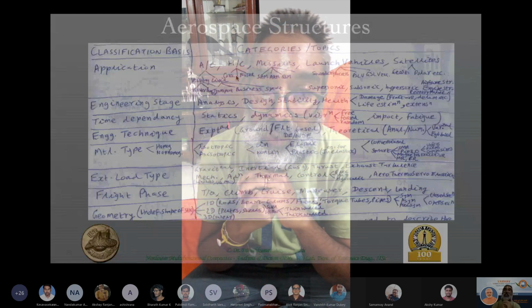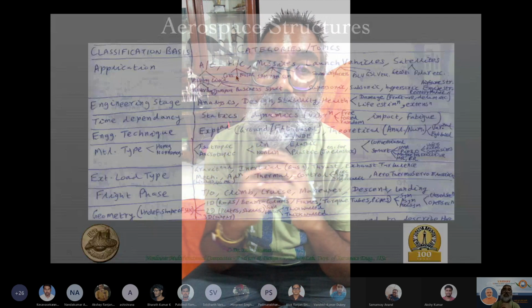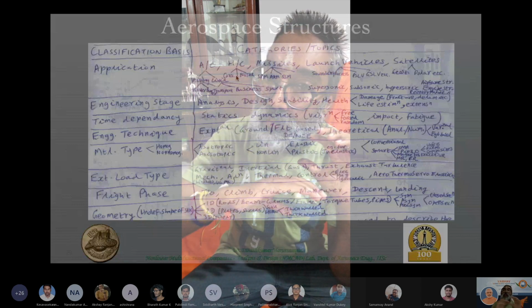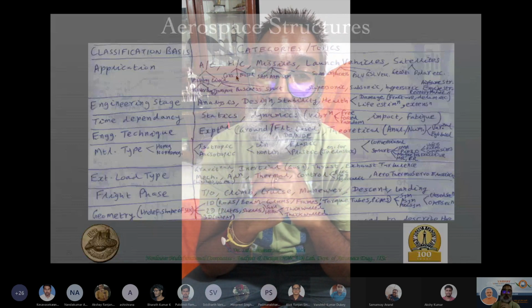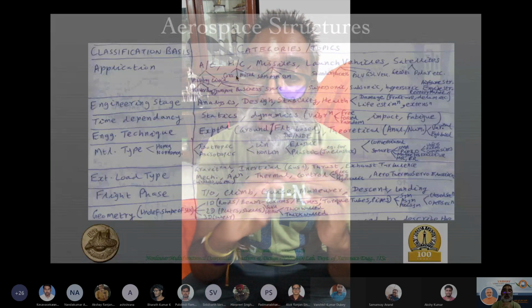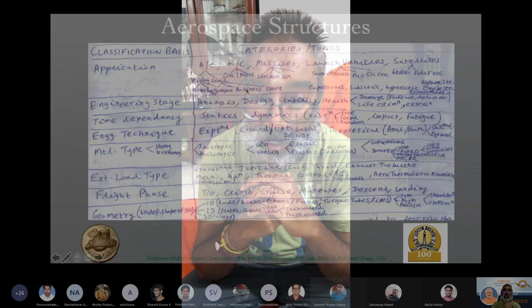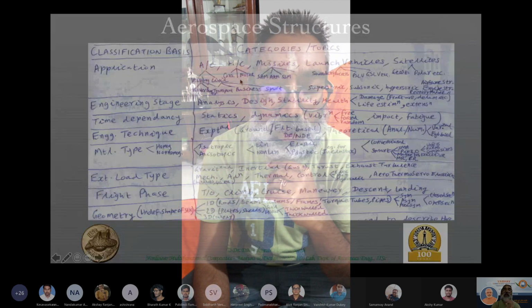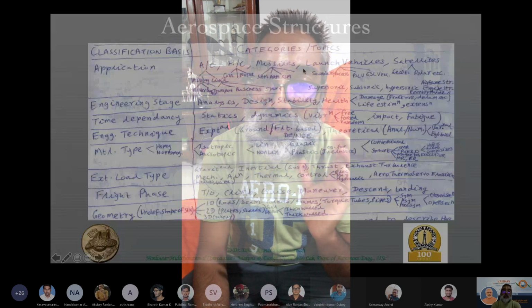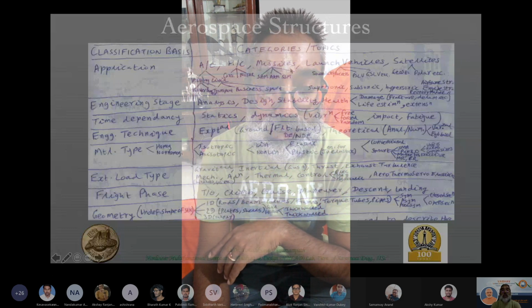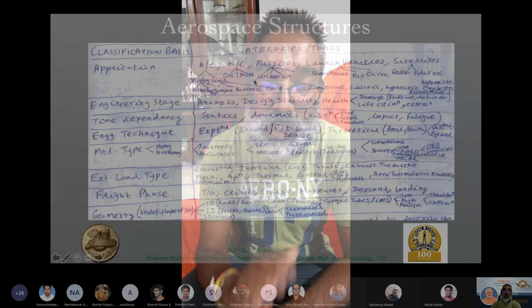Again, the structural design of the rotor blades, the rotor system, as well as the fuselage is going to be quite different depending upon which type of helicopter we are looking at. So we may not go into all of those details, but we will touch upon it as and when it is necessary to see what those subtle differences are.